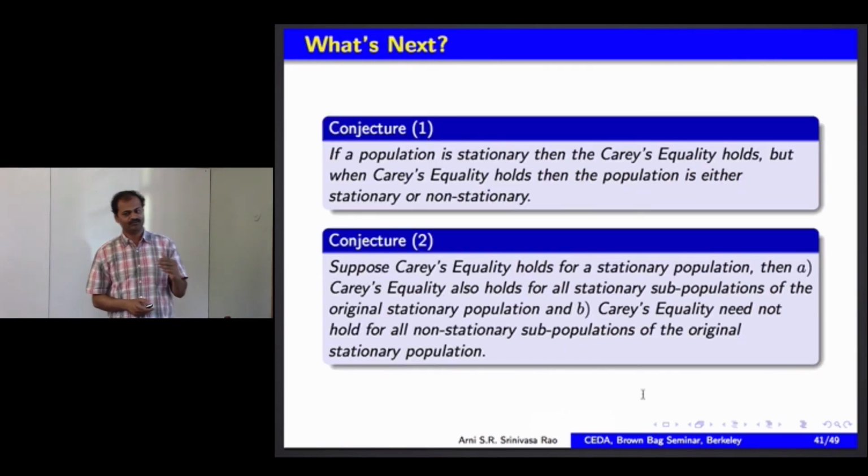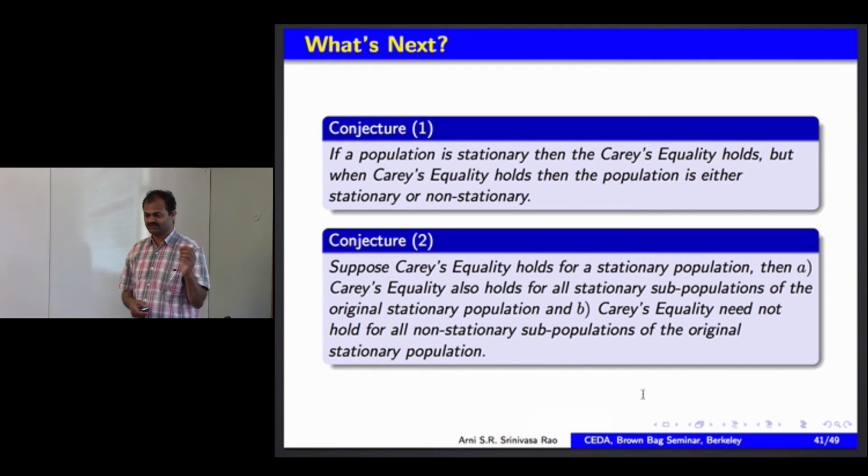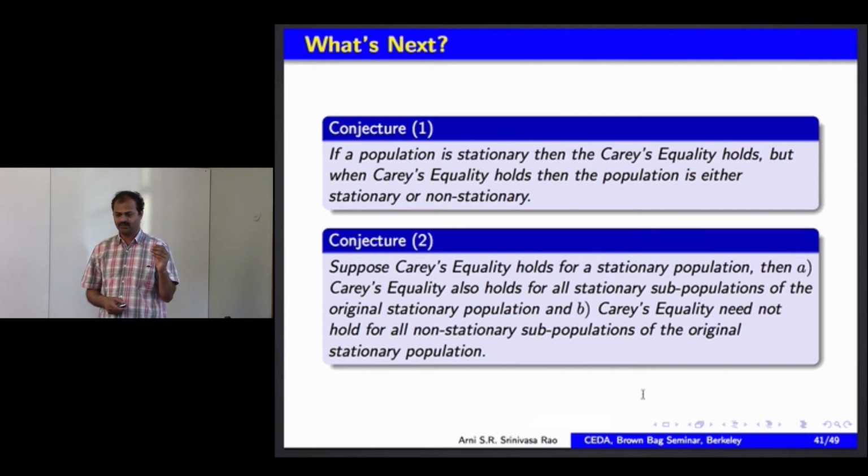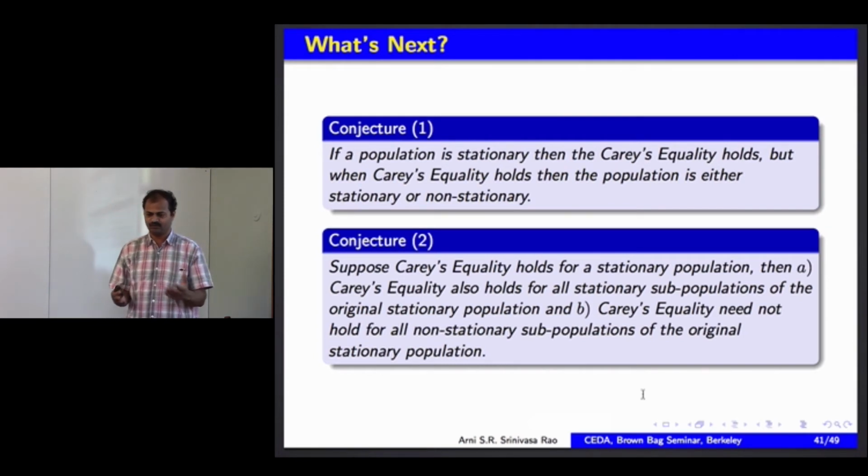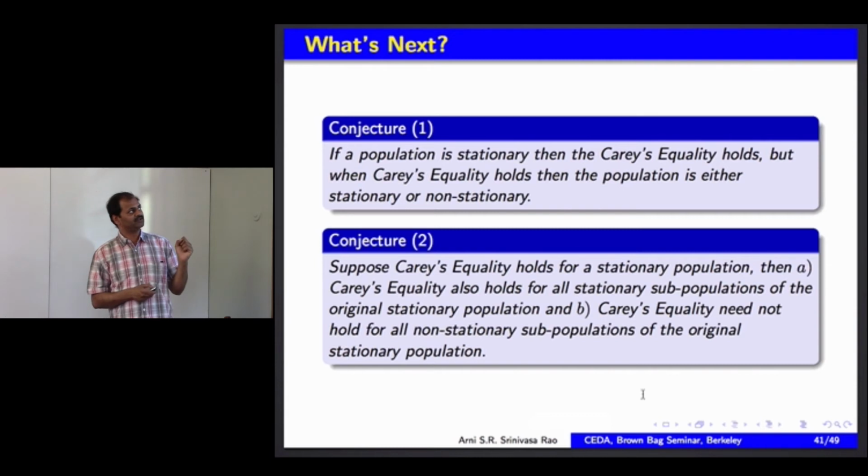And then we also recently proposed two conjectures where we actually found nice results. We have not proved them, but we are halfway through to know more about the carries equality. That is, if a population is stationary, then carries equality holds. But when carries equality holds, then the population is either stationary or non-stationary.